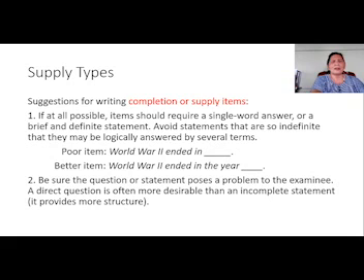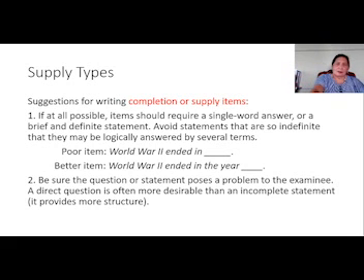Who is not familiar with this among you? So let's try to discuss some good ways of writing completion or supply types.